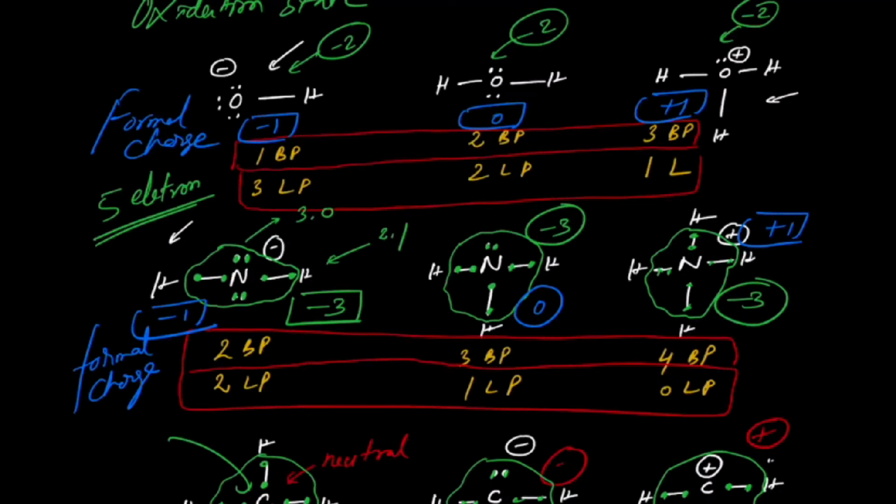Moreover, when you talk about oxidation number, oxygen is generally -2 whenever it is attached to some other atom other than fluorine. Of course, when it is attached to fluorine, it will have a positive oxidation state. So will oxygen always hold -2 oxidation number? No, generally it holds -2 whenever it is in the form of an oxide.